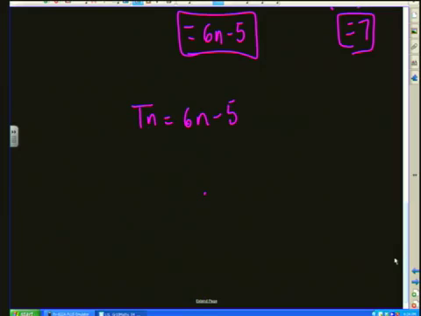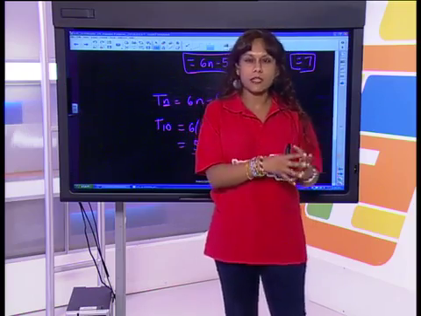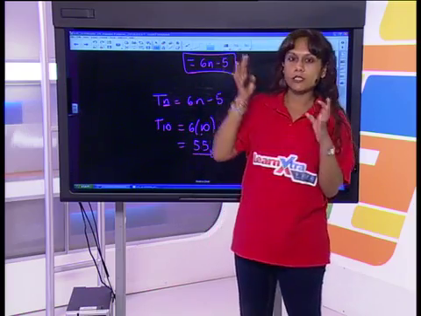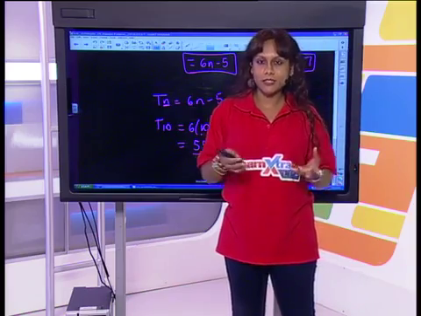I want to find out how many hexagons in pattern 10, so I substitute 10 in place of n. I get 6 times 10 is 60, and 60 minus 5 is 55. Therefore, if this pattern continues, in the 10th pattern there will be 55 hexagons.